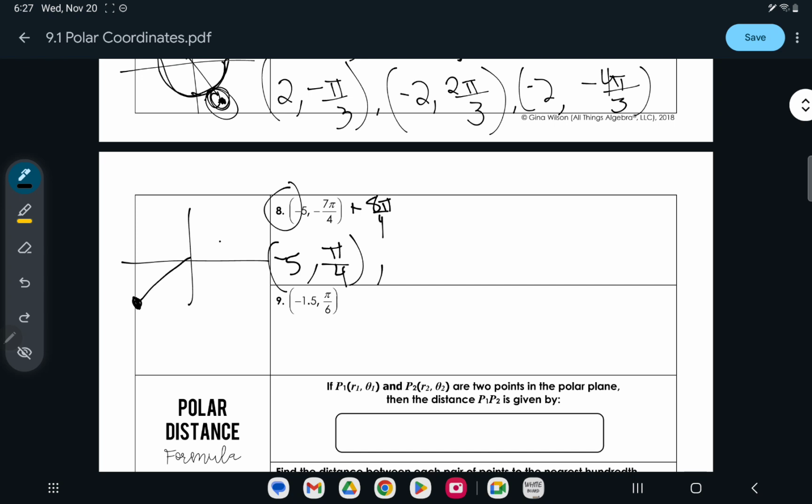Let's see, I wonder, can I add 2 pi again? No, it'll put me over, because that would be 9 pi over 4, and it would put me over. If I subtract, that puts me over as well.